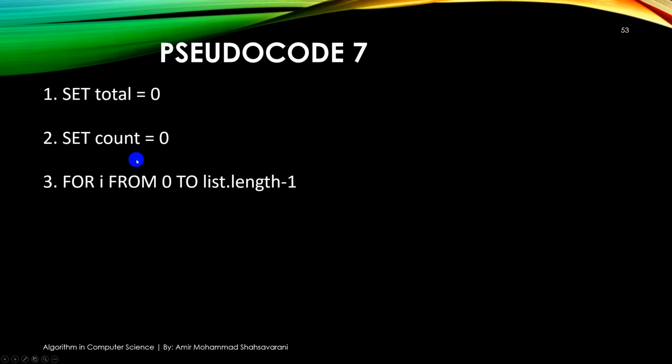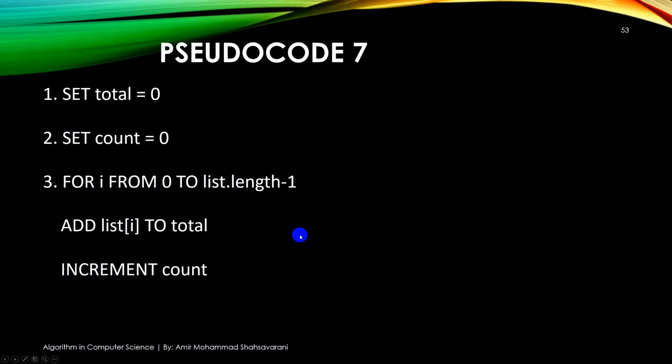Okay. 3. For i from 0 to list dot length minus 1, add the items in the list to the total. So this total is the sum of all the items.